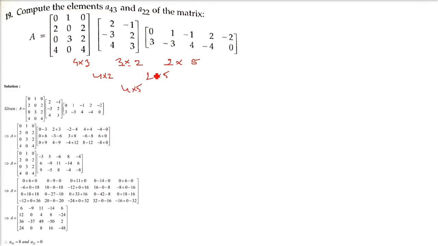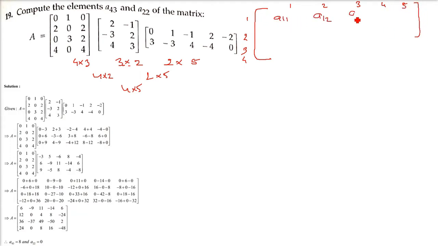And when you finally get to the answer 4 cross 5, what do you get? This is 4 cross 5. 4 rows and 5 columns. So you'll get A43 also, A22 also. Let me just make that final matrix for you.